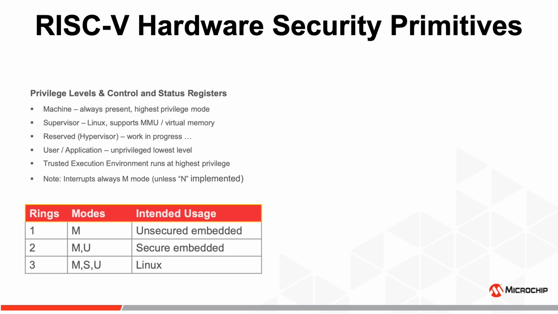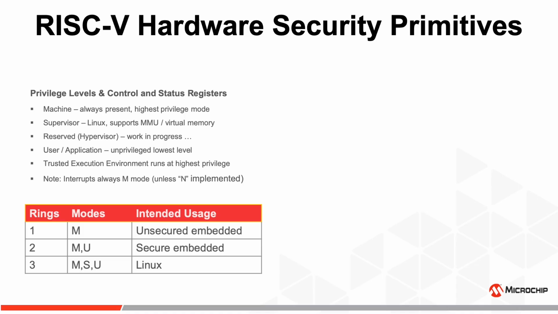Now, there's also a higher level than the supervisor, which is the H, or hypervisor. There are 2 bits, so you think about 4 different combinations there. The hypervisor specs are in the making, a lot of work, a lot of interest, but as of today, there's really no standardized way to do hypervisors yet.